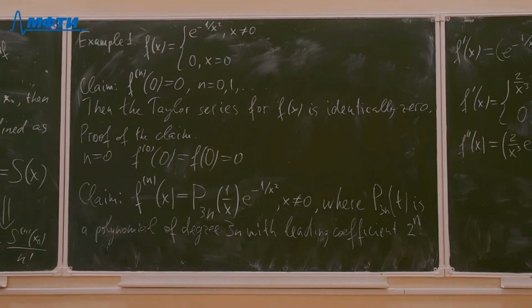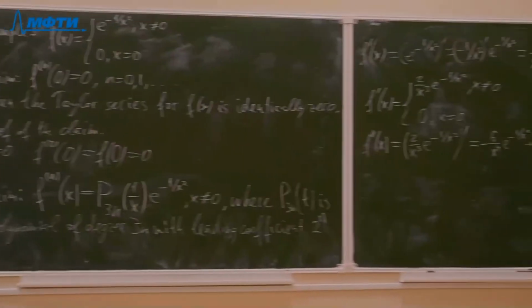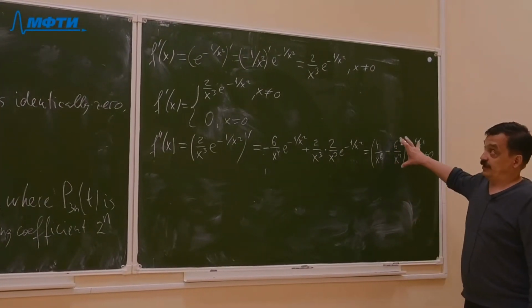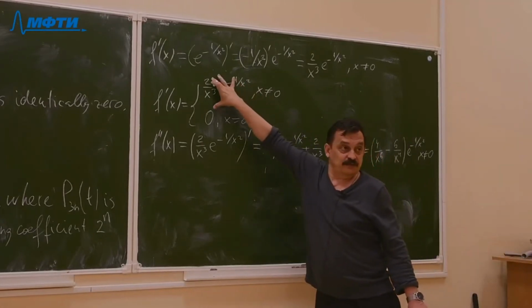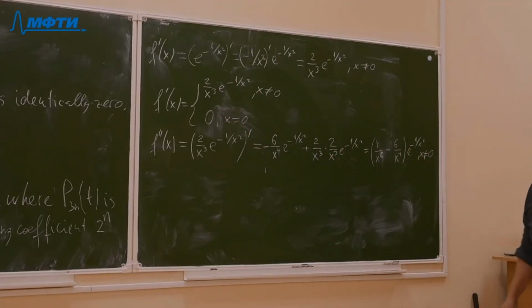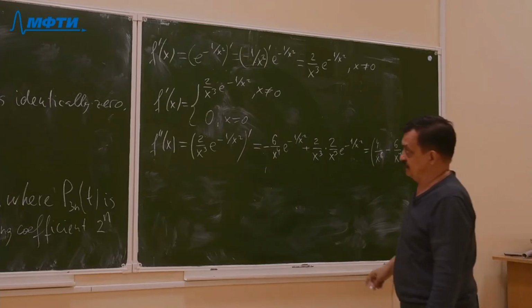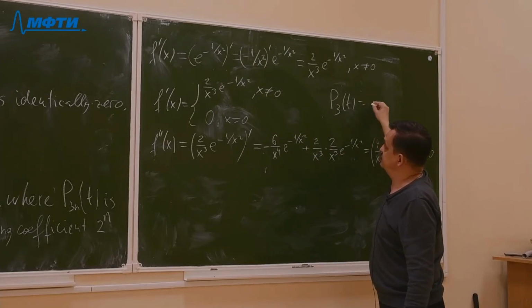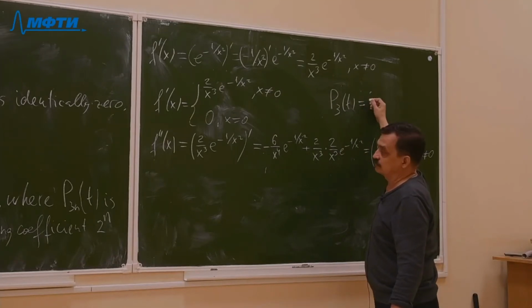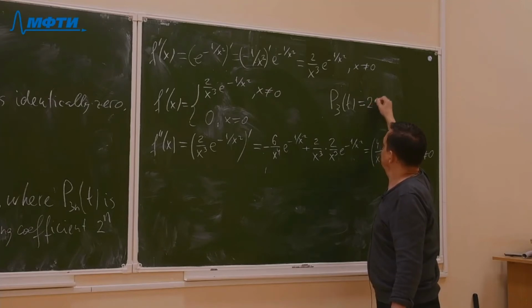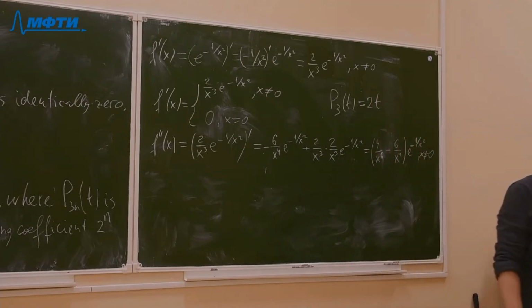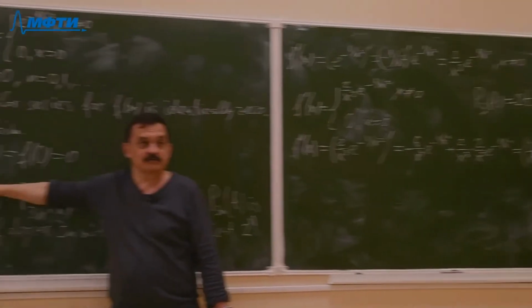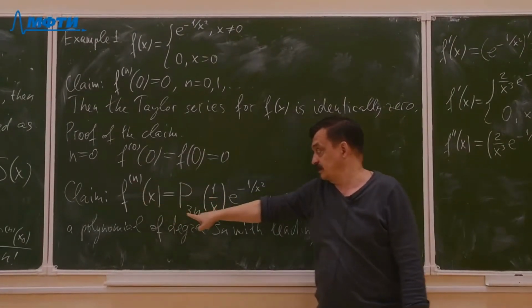Look, that is a formula which unifies both expressions, that one and this one, right? So, for example, look, what is P3 of t? It is 2t cubed. Here n equals 1.